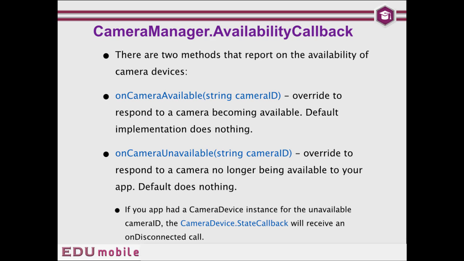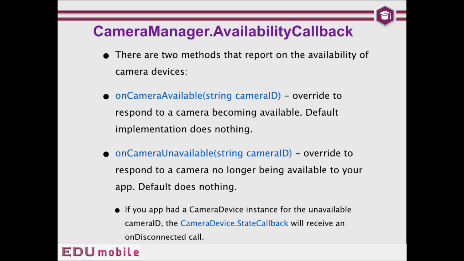So CameraManager, as I already kind of said before, has an availability callback. And this callback really just contains two methods. Is the camera with that specific ID available, or is it not? So onCameraAvailable, you would override, and you get that String camera ID there.